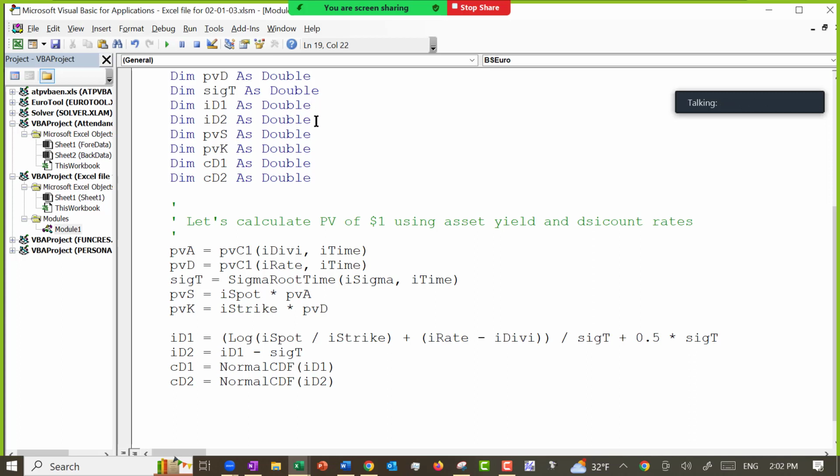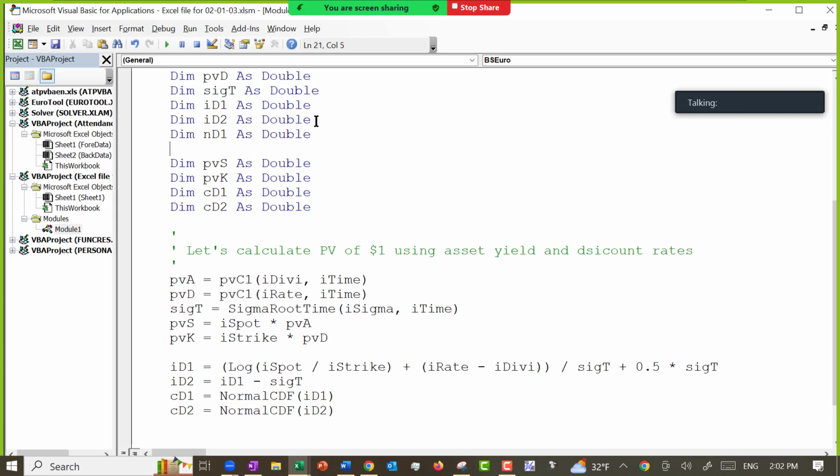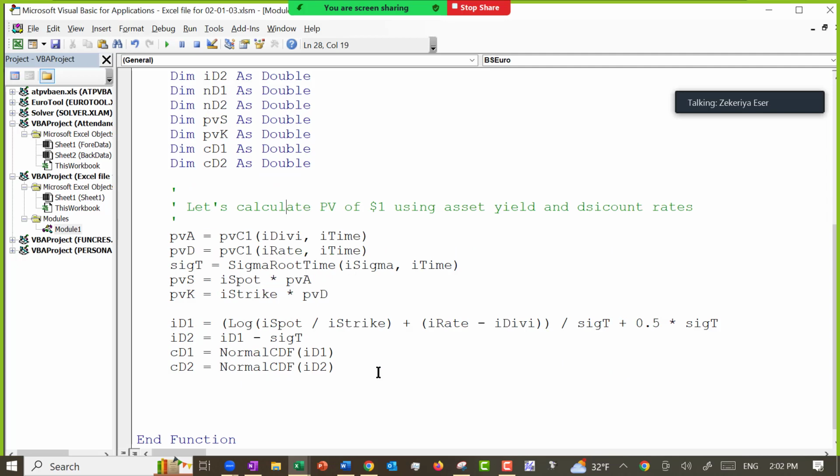Now I'm going to call them ND1, N for double, or M for negative. Again, you can give it any name you want, but it would be easier to write code if it's a small number of characters.